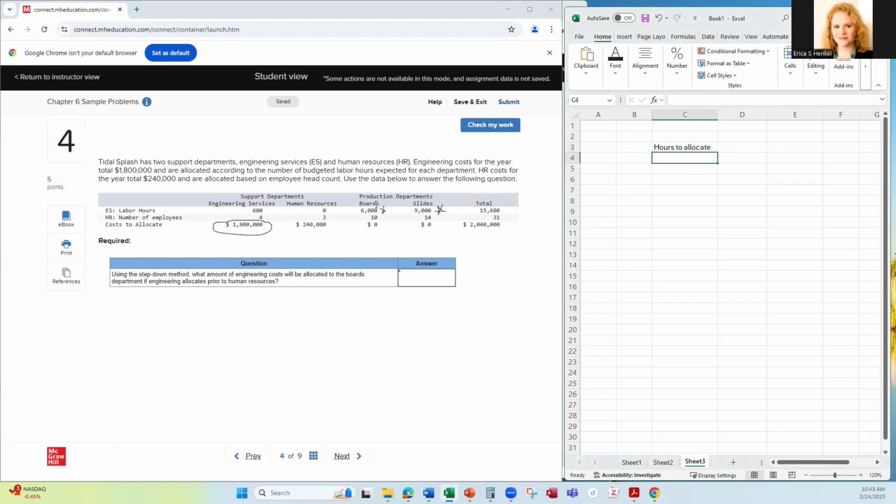And actually, sorry, let me see here. Yeah, and they're excluding obviously their own hours, and there's no labor hours here for human resources. So if human resources had labor hours, we would include them, but they don't. So we're leaving that out.